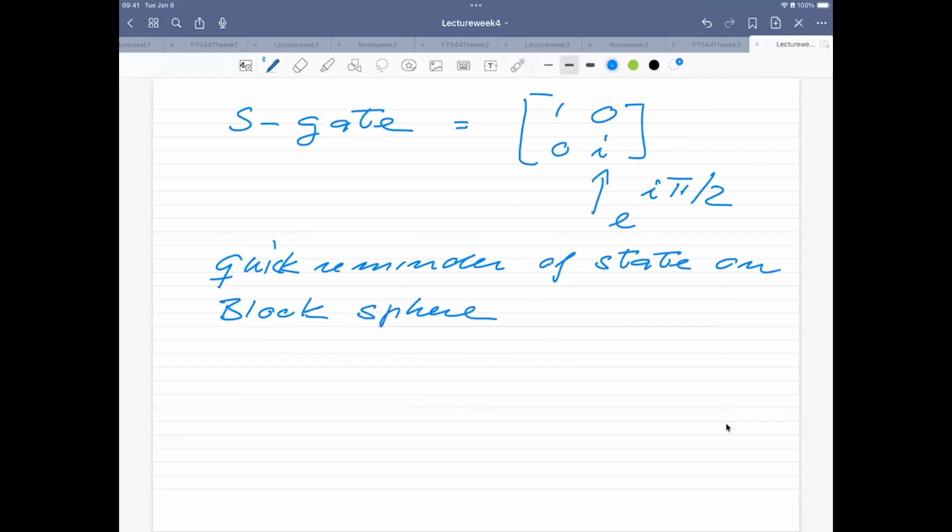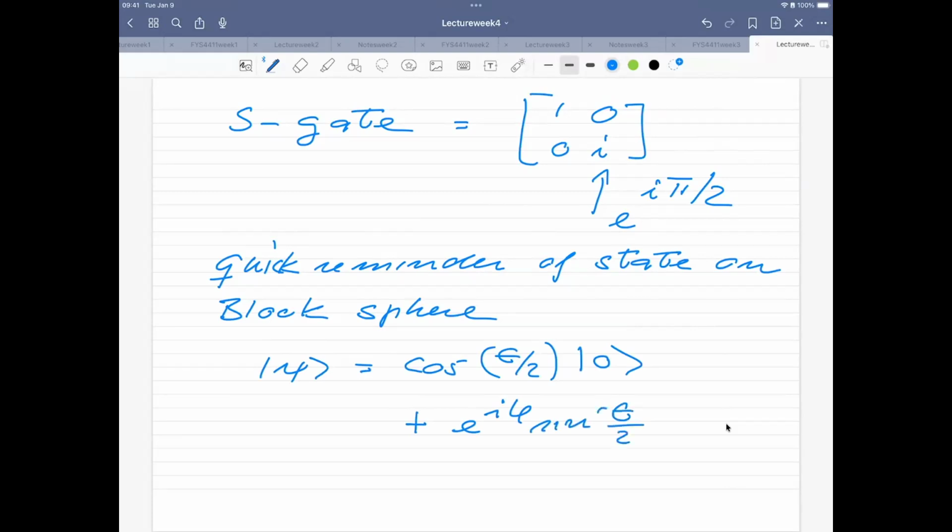It's not 0 or 1. So we have the angle theta half multiplied with qubit 0, plus e to the i phi. The angle phi disappears when we are calculating expectation values, so that will be a global phase. And then multiply with 1.